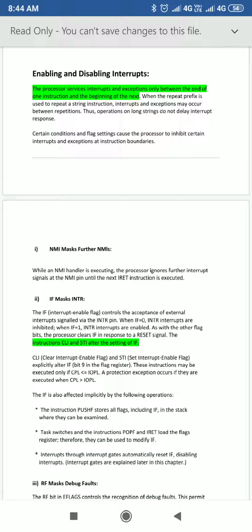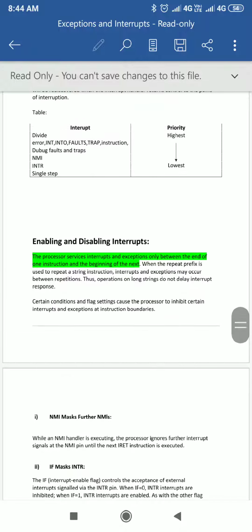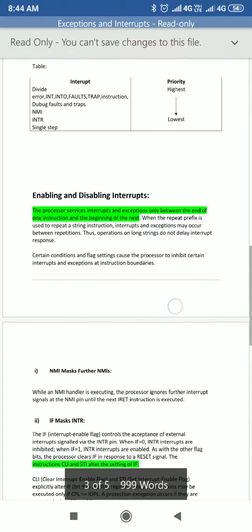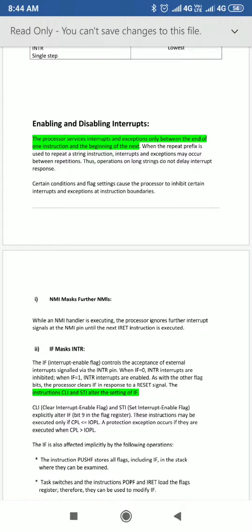Getting this point? If the processor is serving your NMI, as we have NMI as the highest priority. See this table. Here we are showing that after divide error and false trap, the highest priority interrupt is your NMI. When the processor is serving your NMI and again an interrupt occurs at the NMI pin, then that will be neglected by the processor.